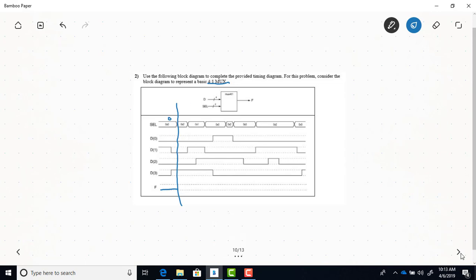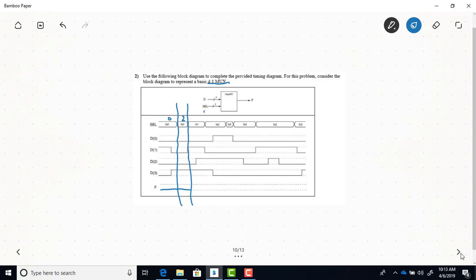Okay, then the select line changes right here. It changes to 2. So now the data on D2 gets passed through, and it's also low during this time, so F is just going to stay low.